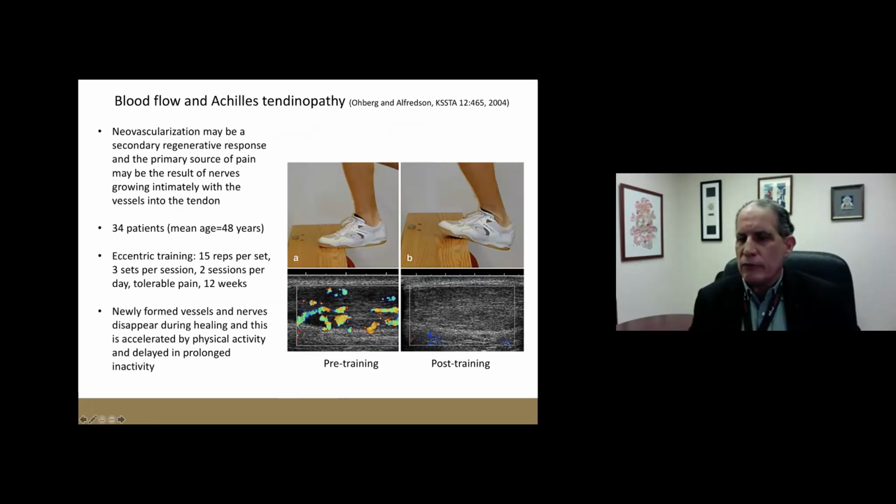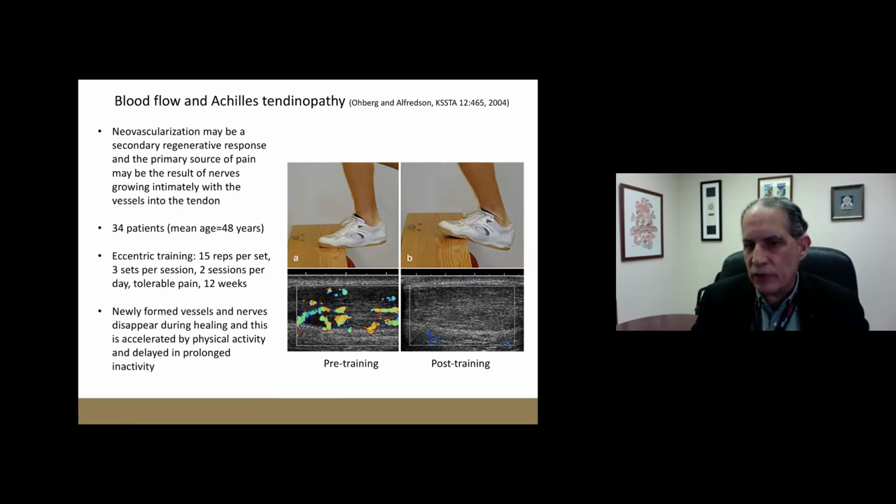Now, it is interesting to me that in addition to increased collagen synthesis, reduction in pain, and increased patient satisfaction, you also have a change at the level of the tendon that can be seen very clearly with ultrasound. The new blood vessels disappear. This is before training, and this is after training. These new blood vessels, as you may remember, are a sign of a severe tendinopathy. And with exercise, you actually get rid of them.